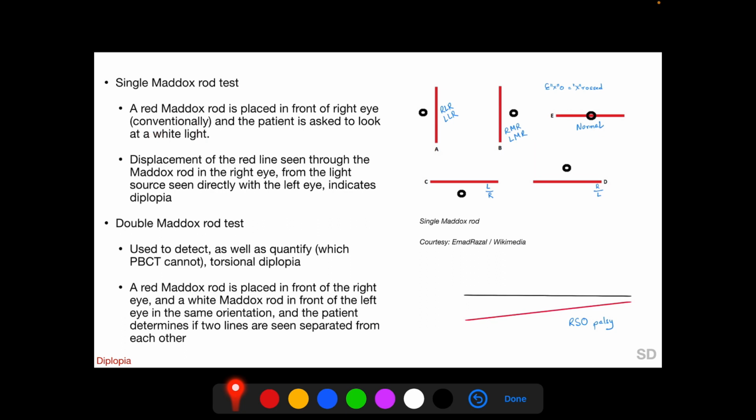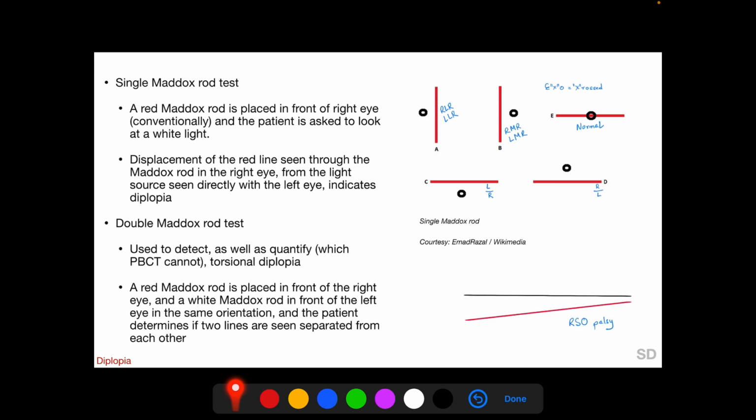So the patient sees the white light directly with the left eye and sees a red line oriented perpendicular to the Maddox rod with the right eye. If there is no diplopia, the white light source seen through the left eye and the red line seen through the right eye superimpose. And in a horizontal diplopia, there will be a horizontal separation between the white light source and the red line.